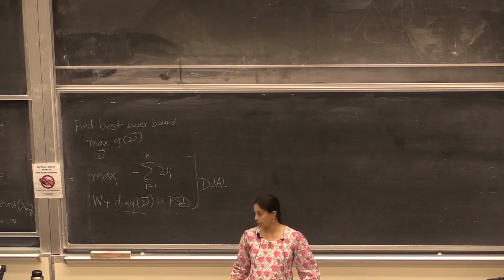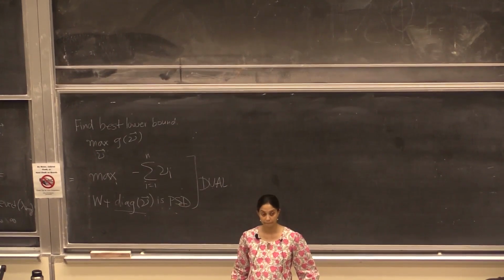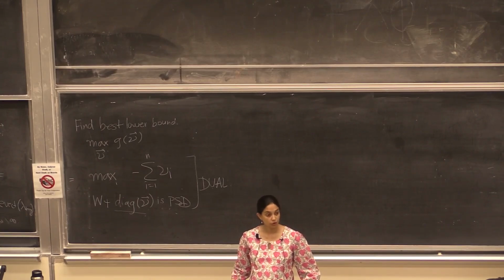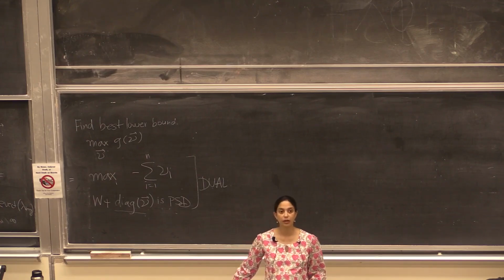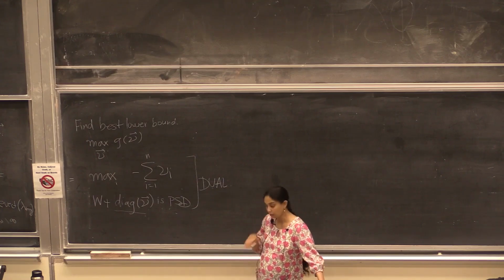You could choose 0. 0 is one option. Could you do better? Depends on W, right? So what if I told you that... yeah, go ahead. Maybe you could choose nu to be the equivalent of the smallest eigenvalue of W, or the inverse of that, like additive. Right, exactly.